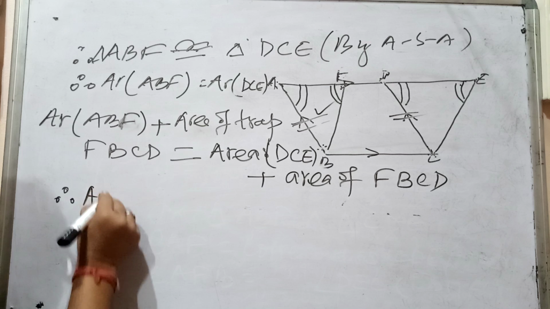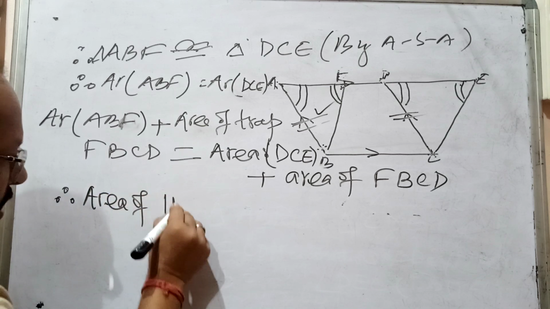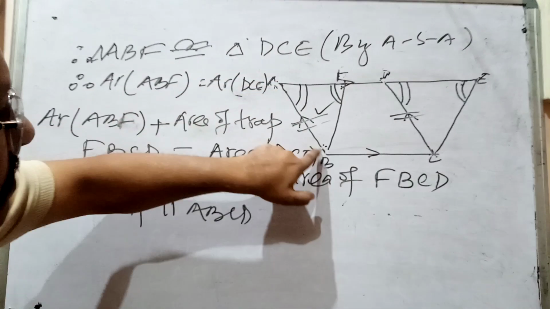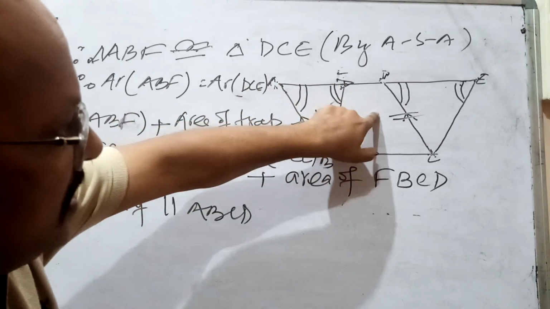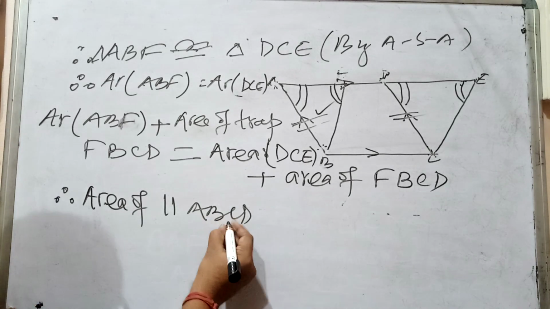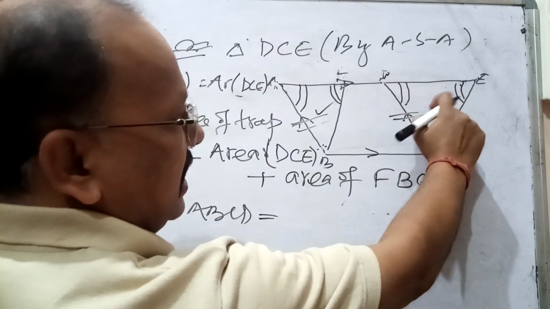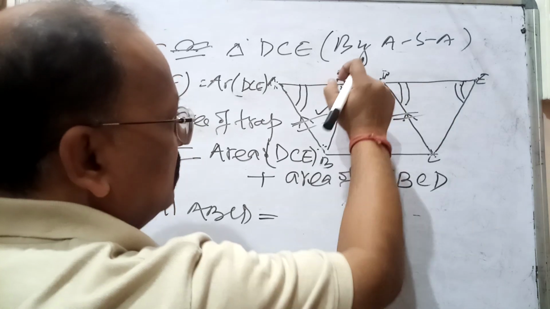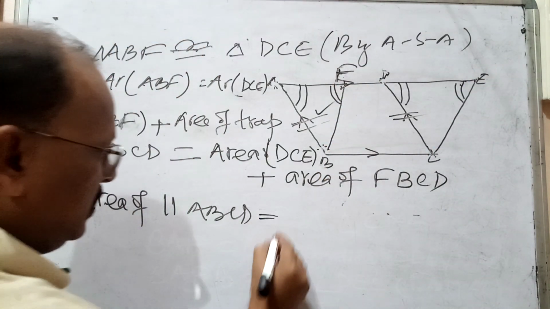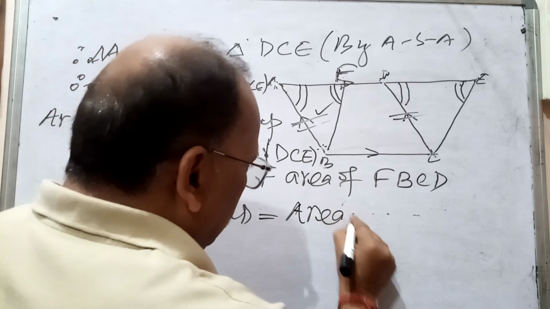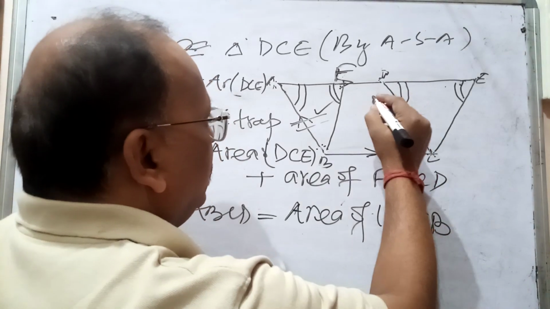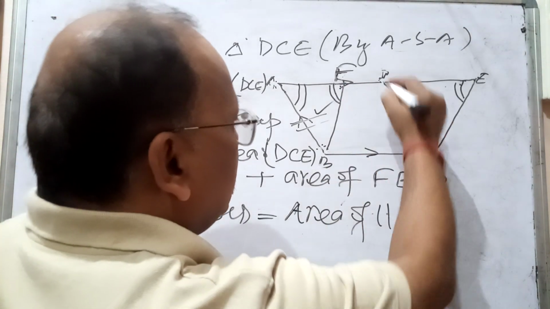Therefore, area of parallelogram ABCD equals area of parallelogram FBCE.